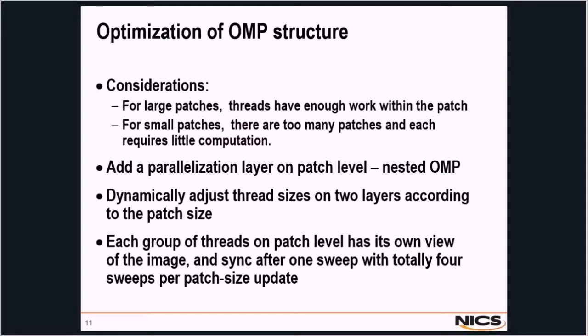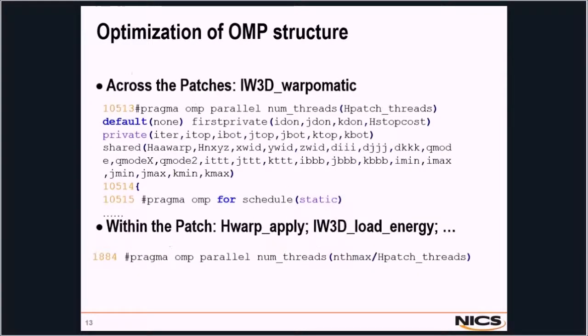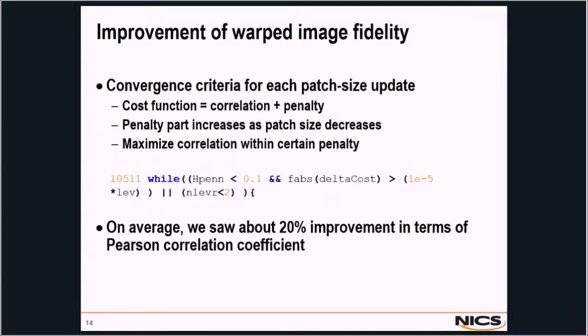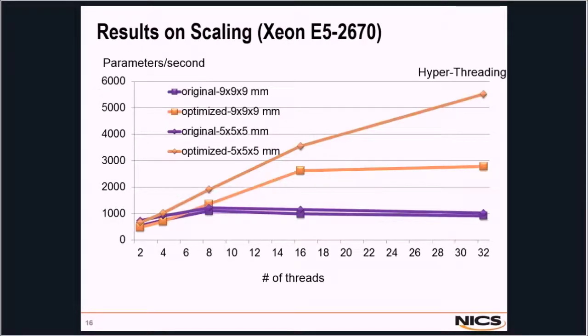Sure. Oh, and finally, one last question, if you don't mind. You mentioned hyperthreading in one of your slides. Did you find that hyperthreading was more efficient for this code? For our optimized procedure, we suggest the user use hyperthreading. Okay, interesting. I know that most scientific codes don't benefit from hyperthreading, but it's nice to see that it worked here.